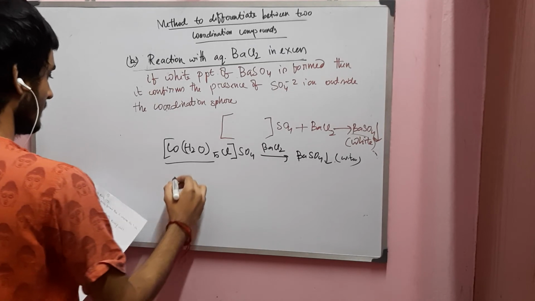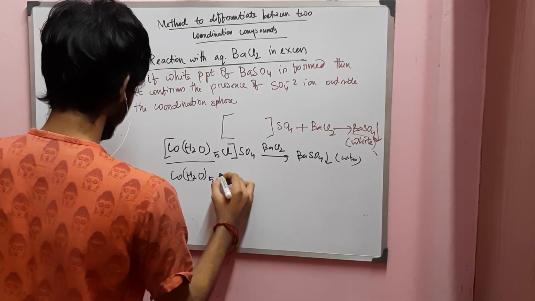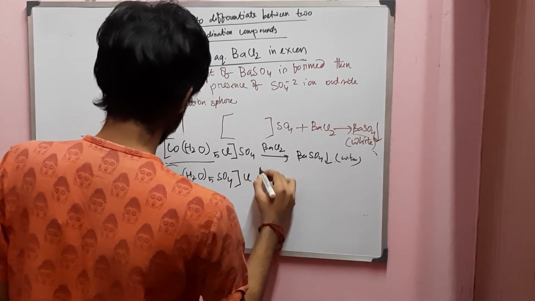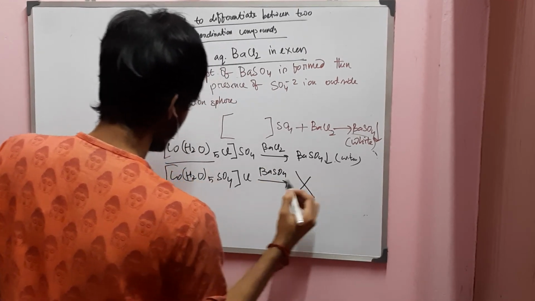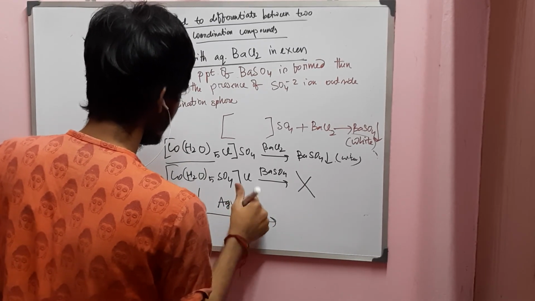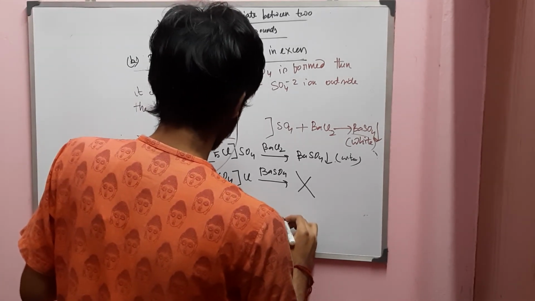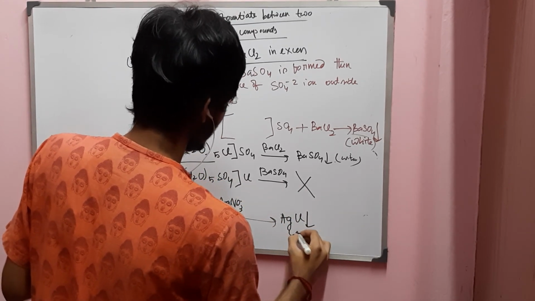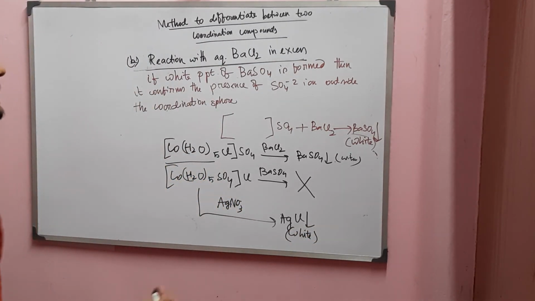And if [Co(NH3)5SO4]Cl is treated with BaCl2, then no reaction will be there. But if it is treated with AgNO3, then white AgCl precipitate is formed. Okay, so write down this.